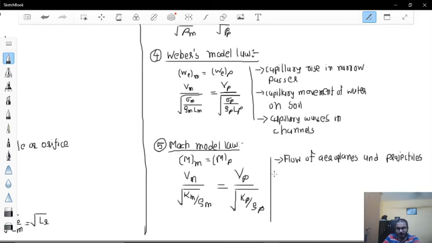Then we have aerodynamic testing, and water hammer problems.